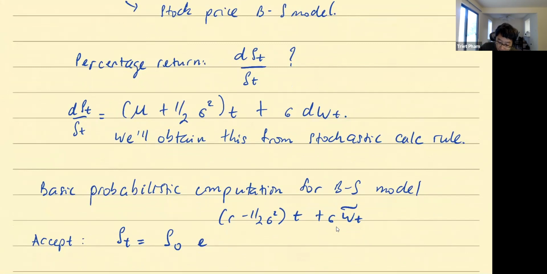What I'm claiming is that under the risk neutral framework, the rate of return of the log return is the risk-free rate minus 1/2 sigma squared.